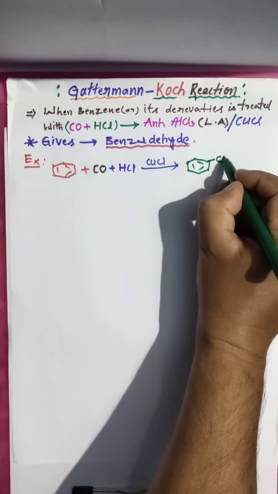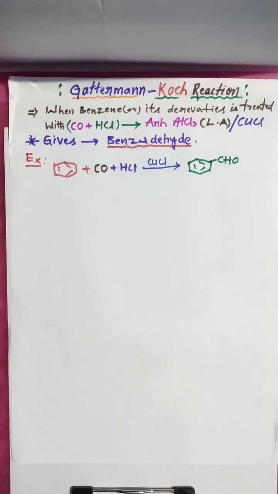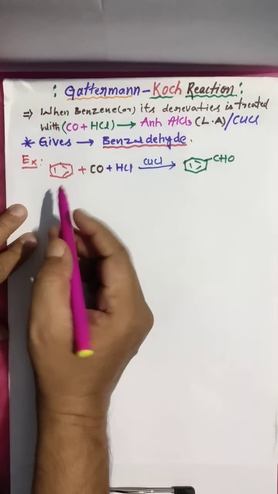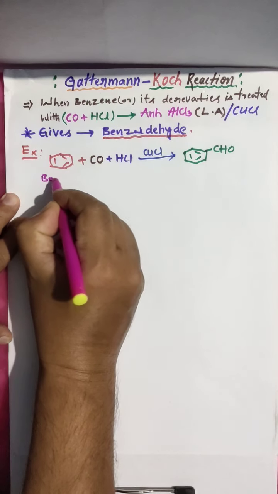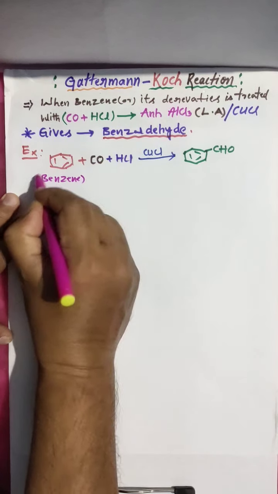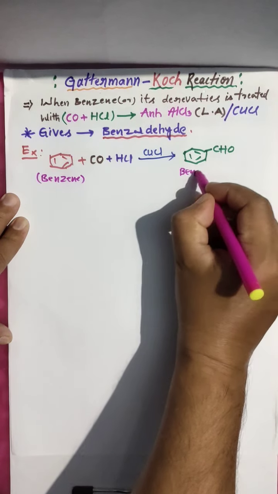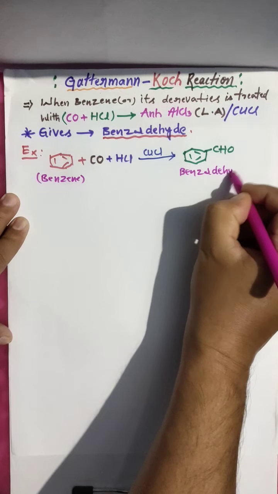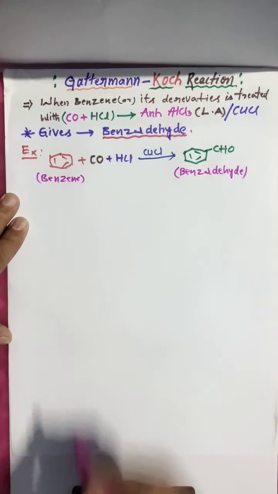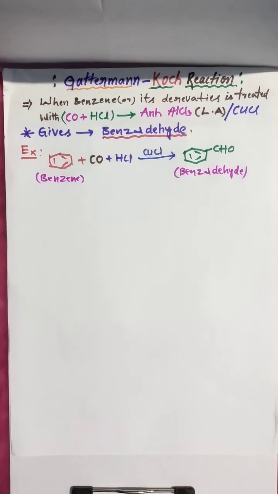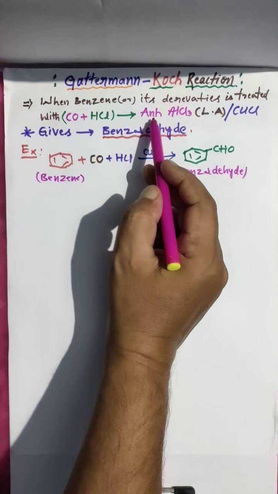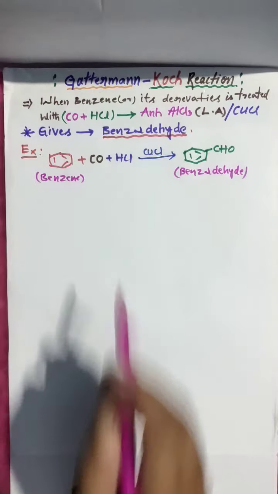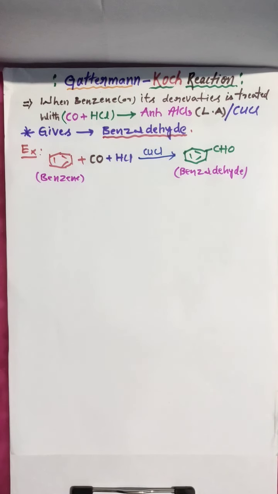So benzene is converted to benzaldehyde in the presence of CO, HCl and the agent we have to use, anhydrous AlCl3 or CuCl. This is the reaction. Very easy.